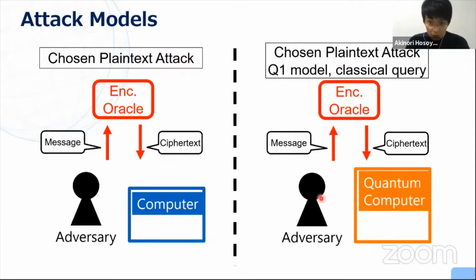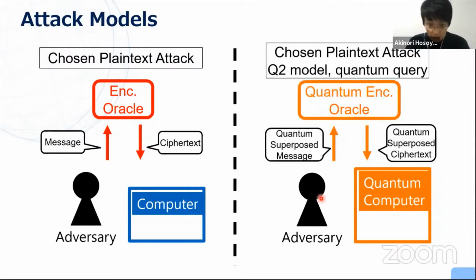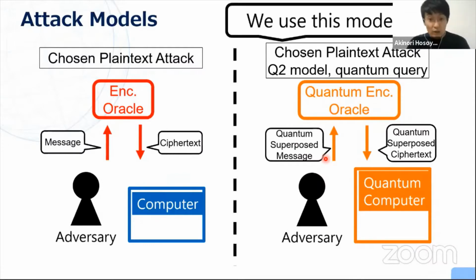We can also consider another attack model called the Q2 model. In this model, the encryption oracle is also replaced with a quantum one. In this attack model, the ability of the adversary is very strong because all the things, including queries, are done in quantum superpositions. In our paper and in this talk, we use this model.